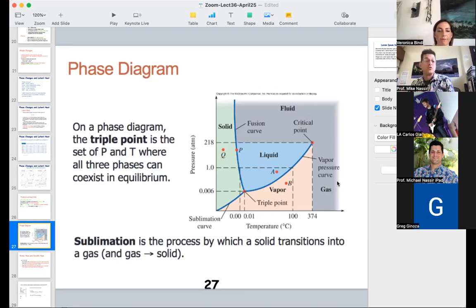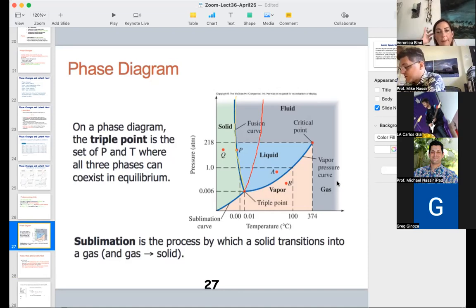That is not true for most substances on Earth. There are a few, but that is not true generally. So that's why this line of the phase diagram curves backward for water, but for most substances it will curve the other way. It'll curve this way. So for most substances, the phase diagram will have a shape more like that. But water is kind of special.